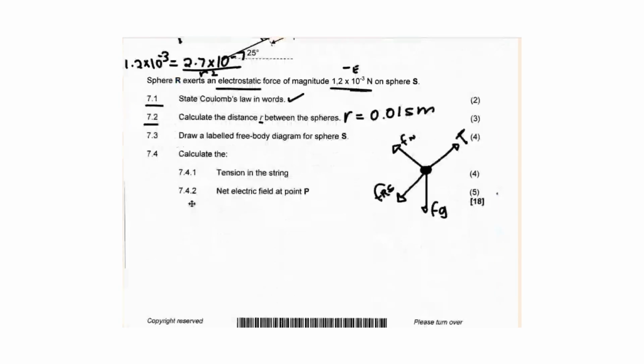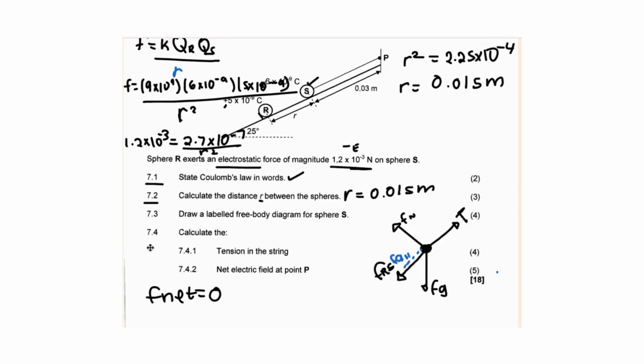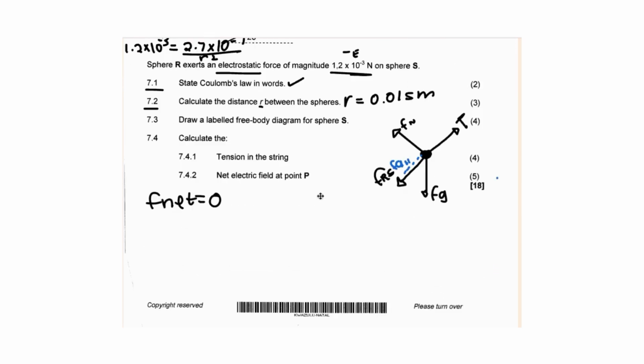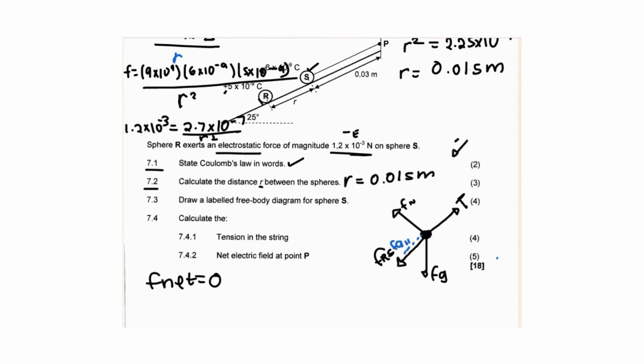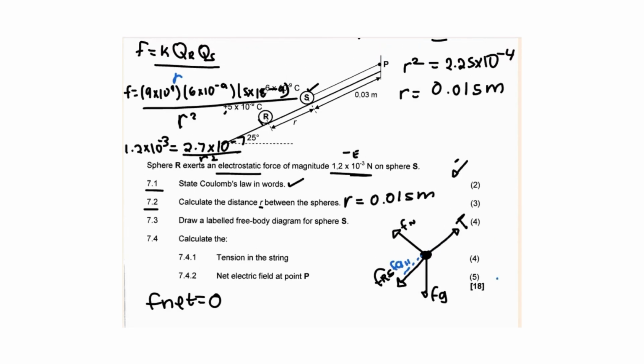So I'm going to use the fact that F net is 0 because they are stationary, and we must also remember anything that is inclined is going to have Fg parallel, because we need the component of Fg. So considering my direction, I'm going to take downward as negative, and okay, let's see, that is negative and that is positive.